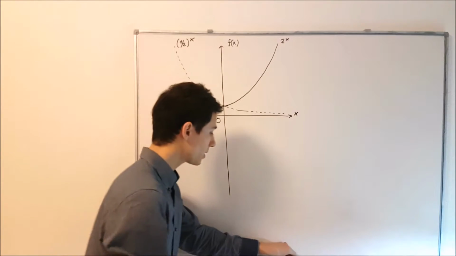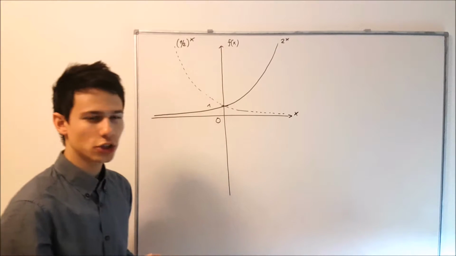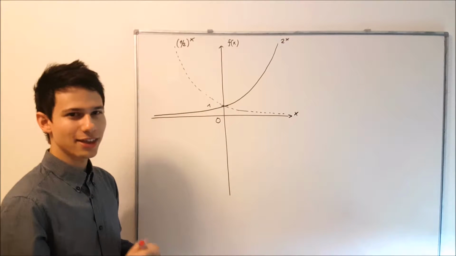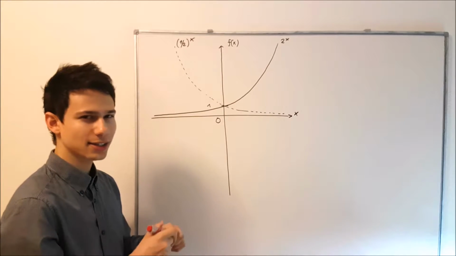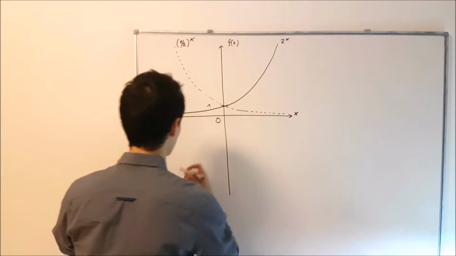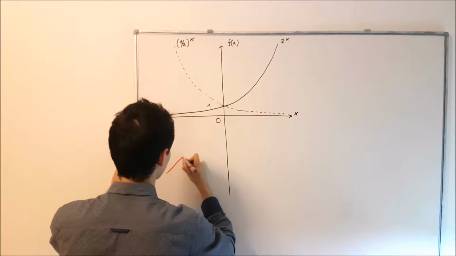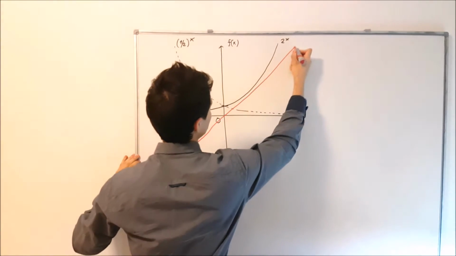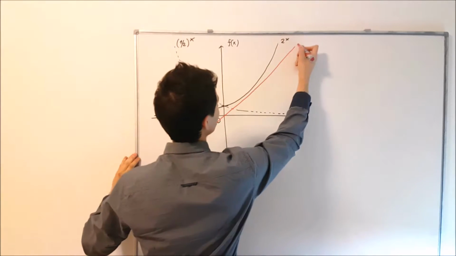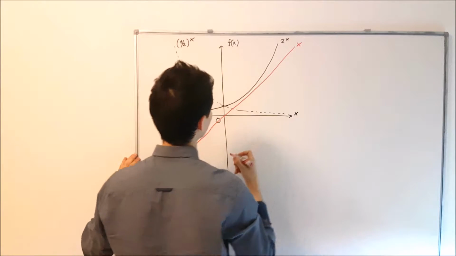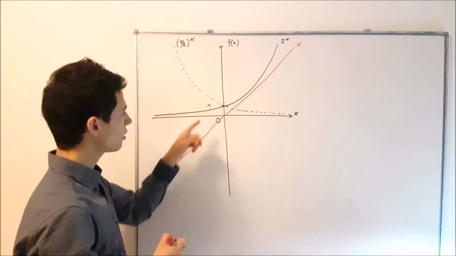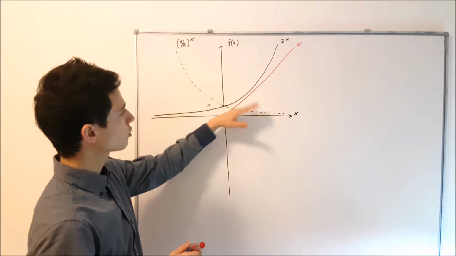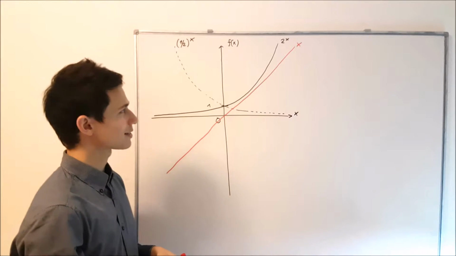And to do this we always apply a simple trick, which is to graph first the identity map f of x is equal to x, which would be the following line. So this is the identity map f of x equals x, and it is simply a line through the origin at 45 degrees angle from the x-axis.